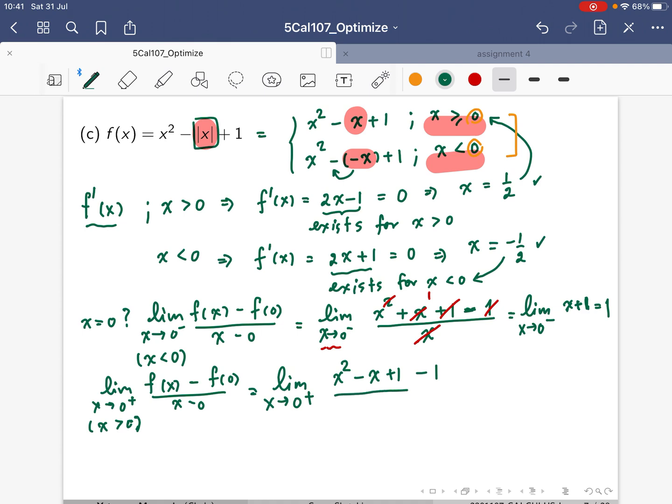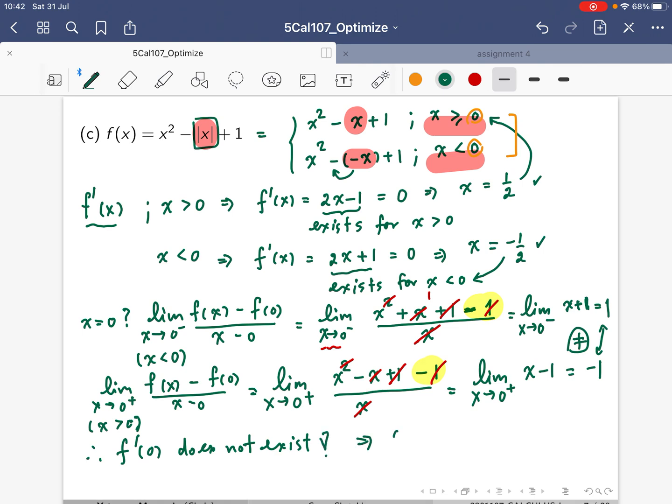But then f at 0 is still 1. So here the 1 and the 1 cancel, the x cancels once, so you end up with the limit as your x goes to 0 from the right of x minus 1, which is negative 1. They are not the same. What does this mean? It means that your f prime at 0 does not exist.